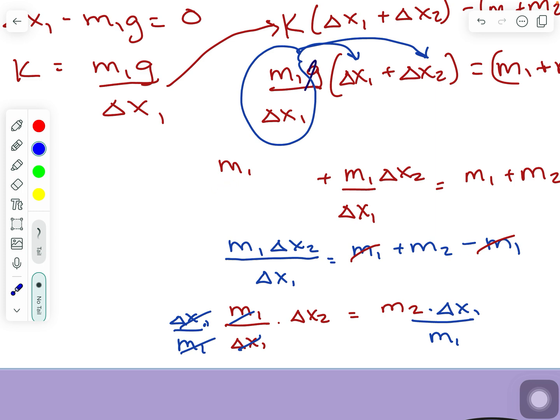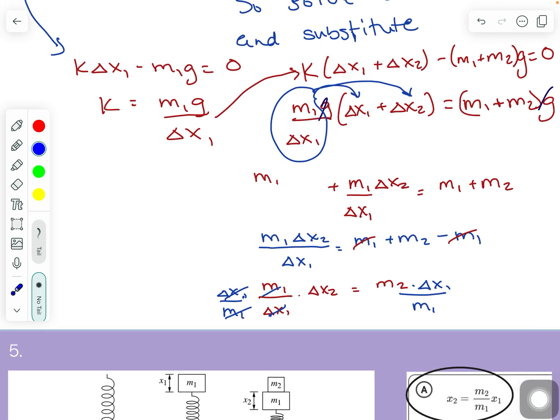Because I subtracted m1 on both sides, it went away over here. And on this side, I have an m1 plus m2 minus m1, so these m1s canceled out. Now what I have is m2 is equal to m1 times delta x2 over delta x1.